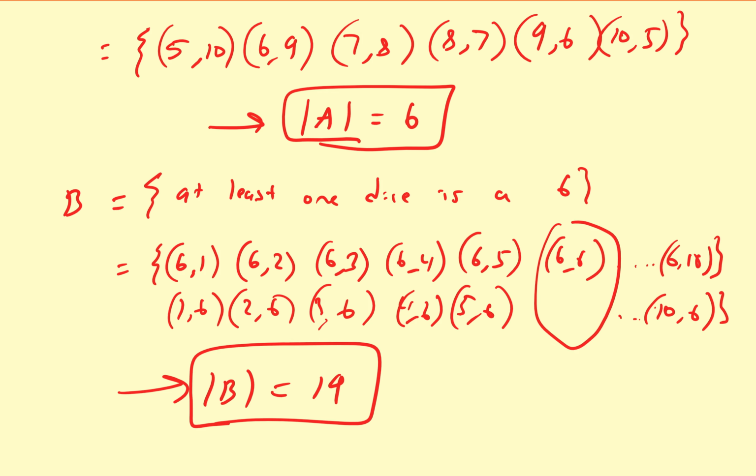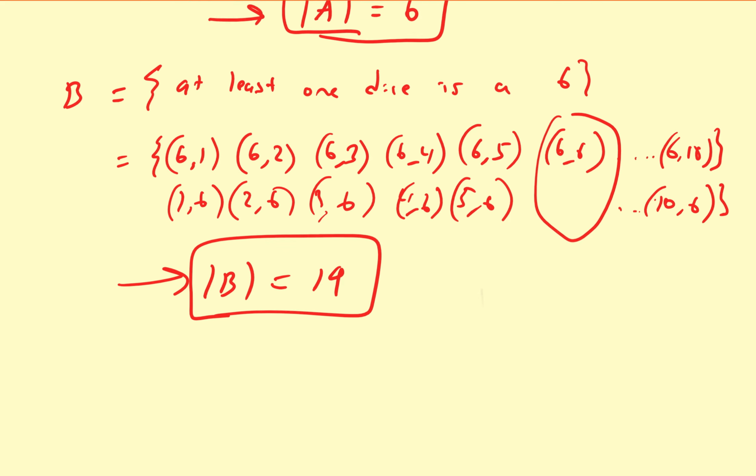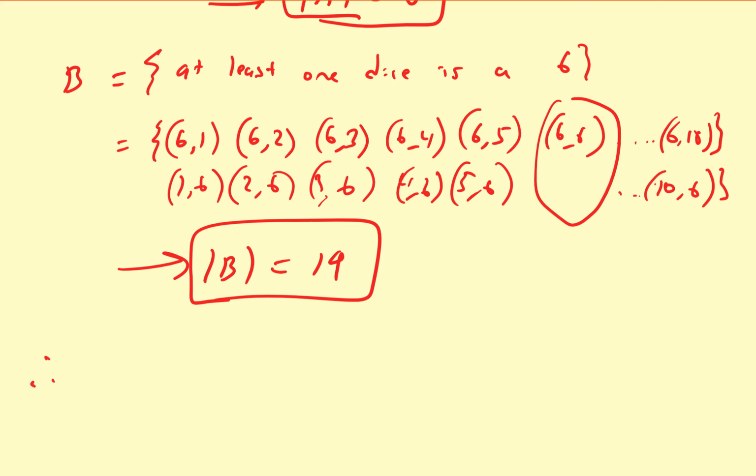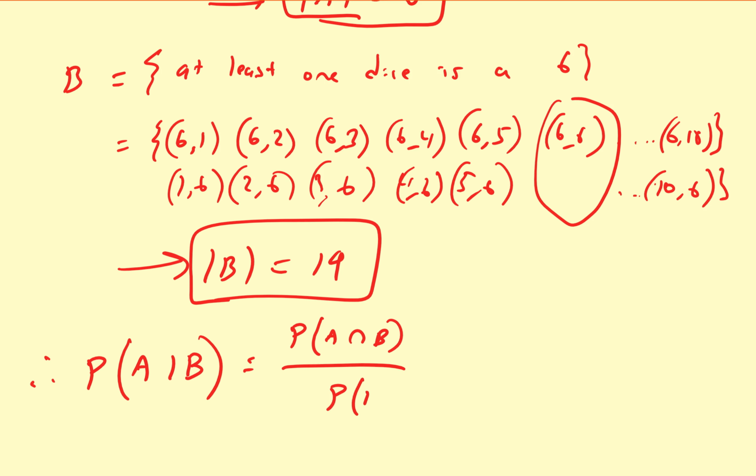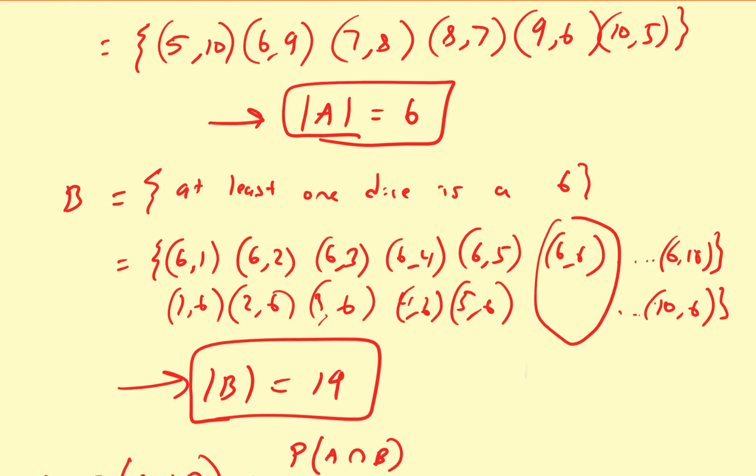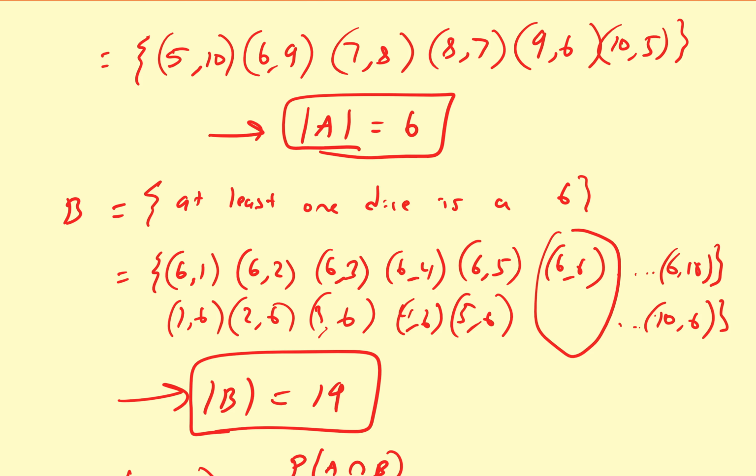All right, so what do I have here? The probability of A, assuming B has already occurred. Well, this is the probability of A and B all over the probability of B. So how many outcomes are in both A and B? The sum has to be equal to 15, and at least one must be a 6.